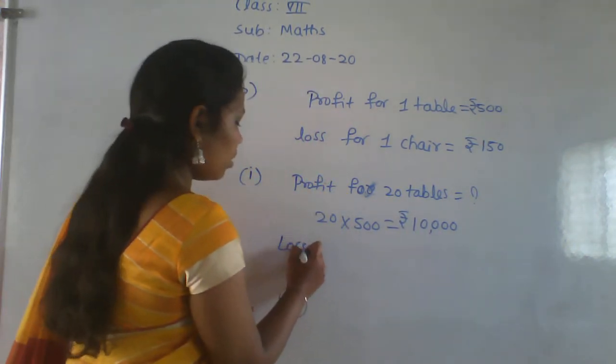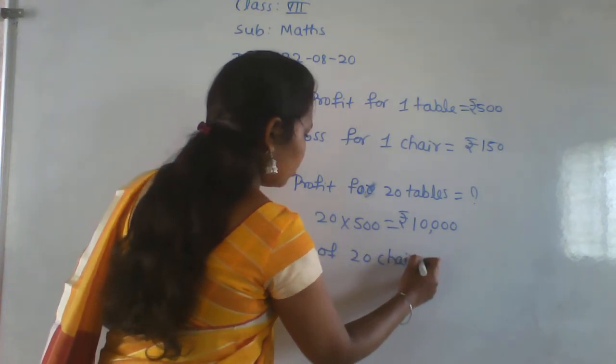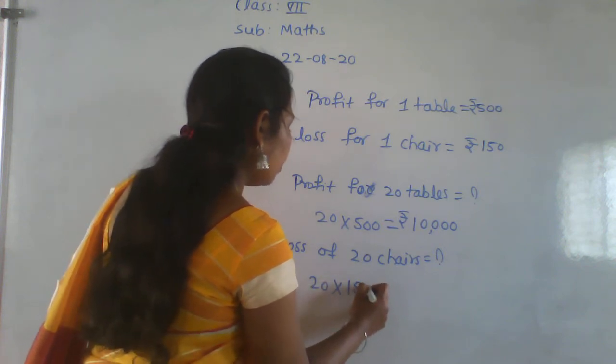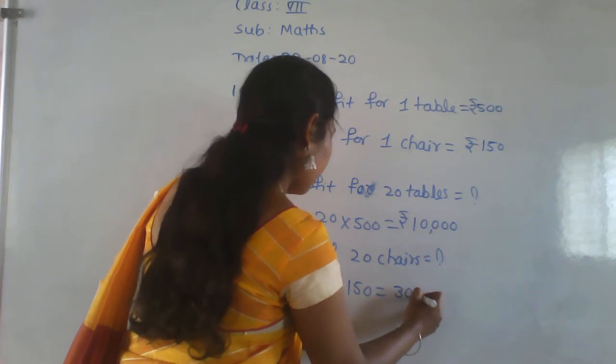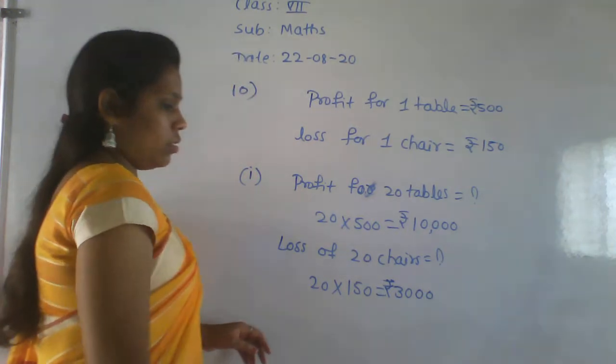Next, loss of 20 chairs is equal to question mark, that is 20 into rupees 150. So 3,000 rupees lost.